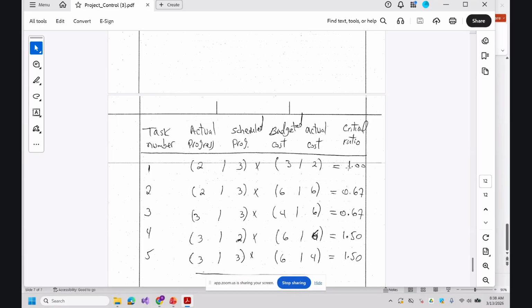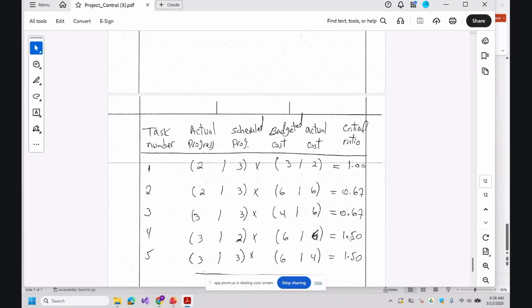You should be very happy that people are doing their work. If it goes below, then you should raise a flag. It means there is a deviation somewhere that you need to pay attention to. How come it is below 1? The more it's below 1, the more concerned you should be. If it's close to 1, there is not much concern. The farther away from 1, or above 1, you should raise a flag.